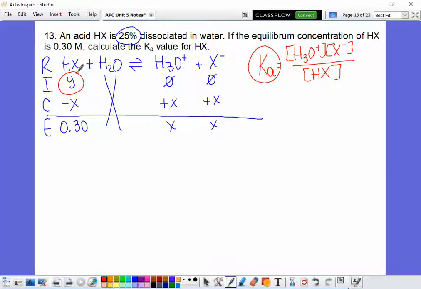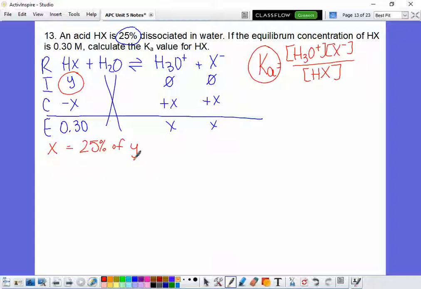Okay, what do we know about that initial concentration? What do we know is happening to it? 25% of it is going to dissociate. So we know that X is 25% of Y. Right?